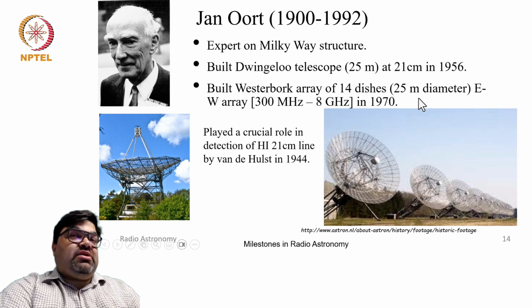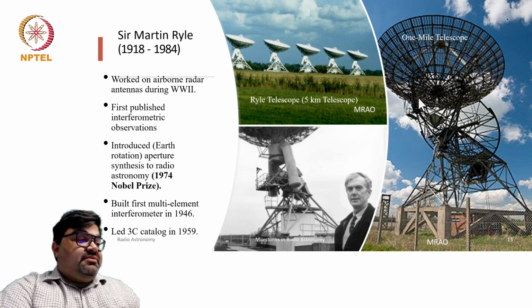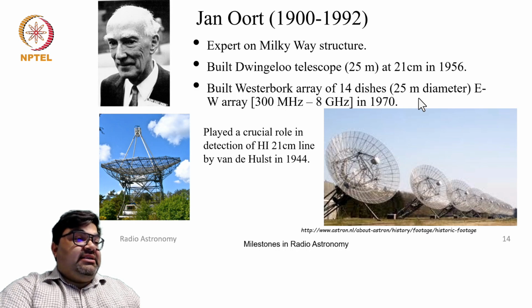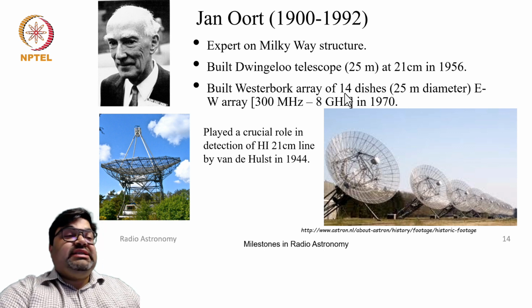These timelines are very important because, as you see, in 1932-33 was Jansky, then came Grote Reber, 1937. Then in 1946, the first multi-element interferometer built by Martin Ryle. And then in 1956 comes the Dwingeloo telescope in the Netherlands. Jan Oort also built the Westerbork array consisting of 14 dishes, 25 meters in diameter each of them.